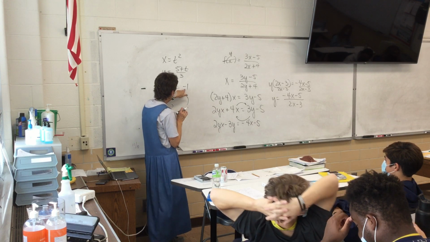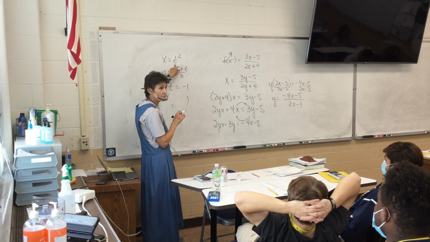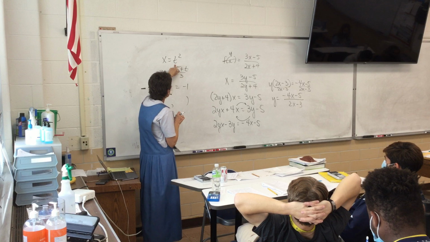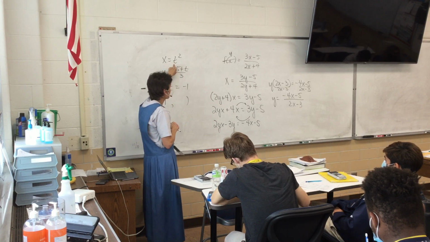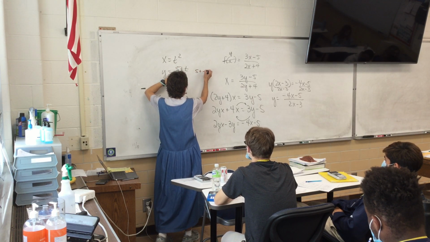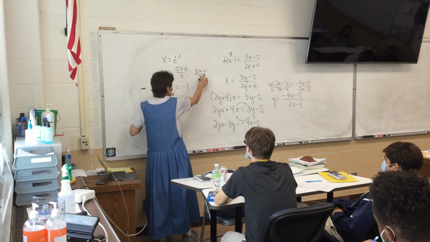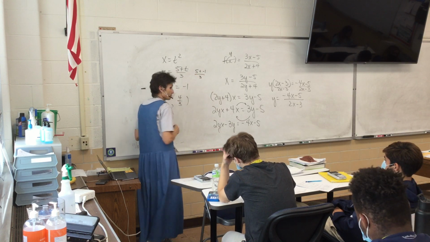We're just going to plug in negative 1 for the t's. So negative 1 squared is 1, so x is 1. And then putting in negative 1, 5 plus negative 1 over 3. 5 plus negative 1 is 4, divided by 3 is just 4 over 3.